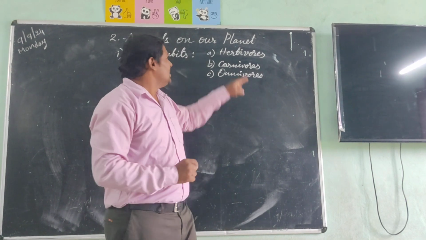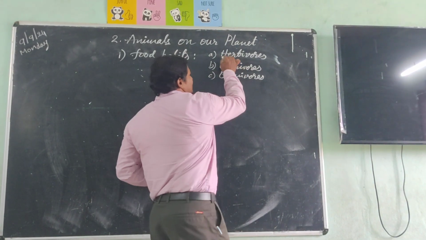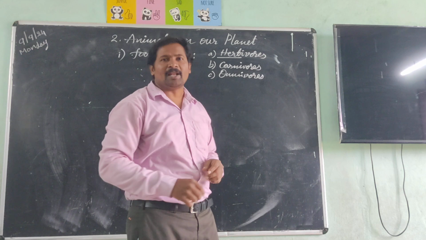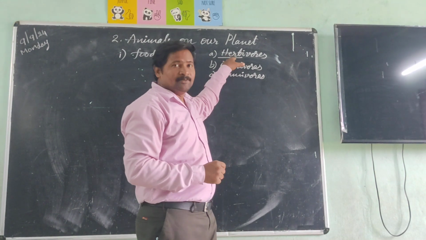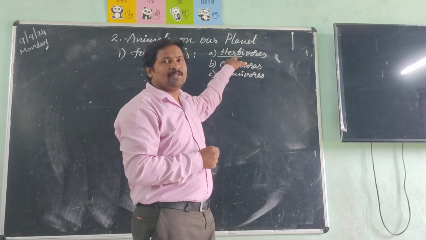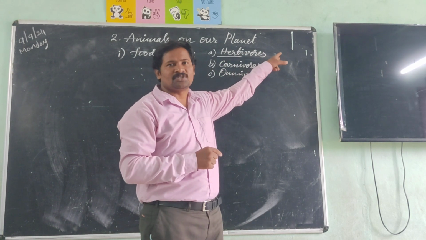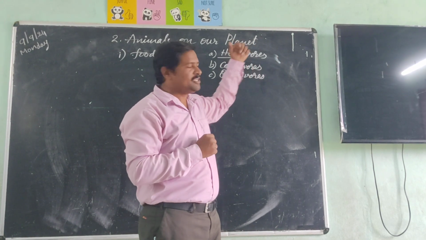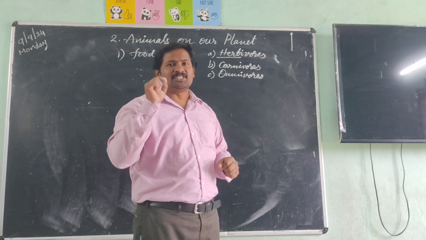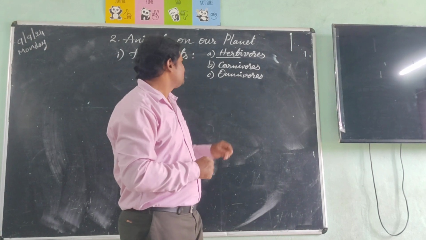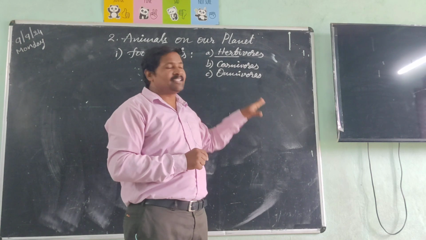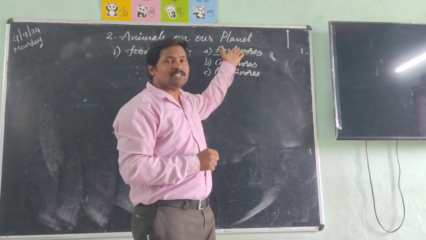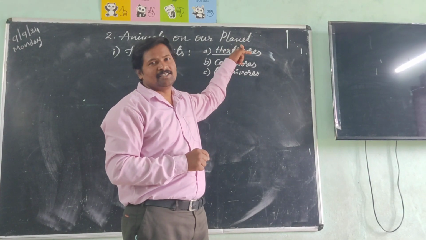In simple words, herbivores are those which eat herbs, grass or plant leaves. You can write examples, right? Then carnivores, which eat meat. Then omnivores. These are the class of animals which eat both herbs and meat.